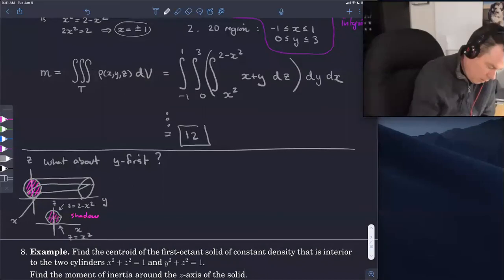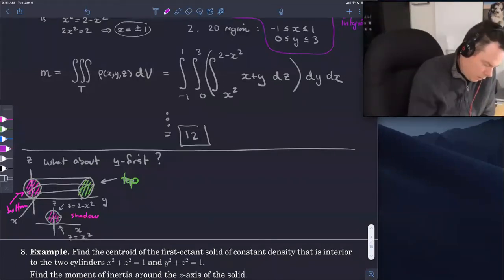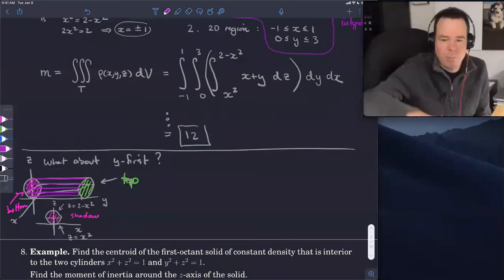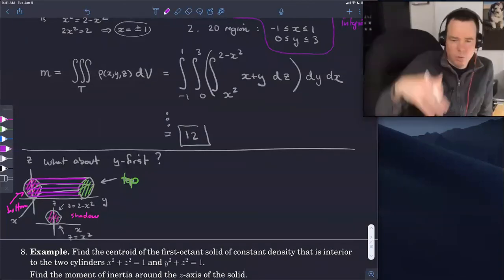So this would be the top. Maybe I'll put that in a different color. That's our top. This is our bottom. And our sides are going to be the parts of the boundary that are parallel to the Y-axis. So our sides are basically everything that's wrapping around. So those are our sides.